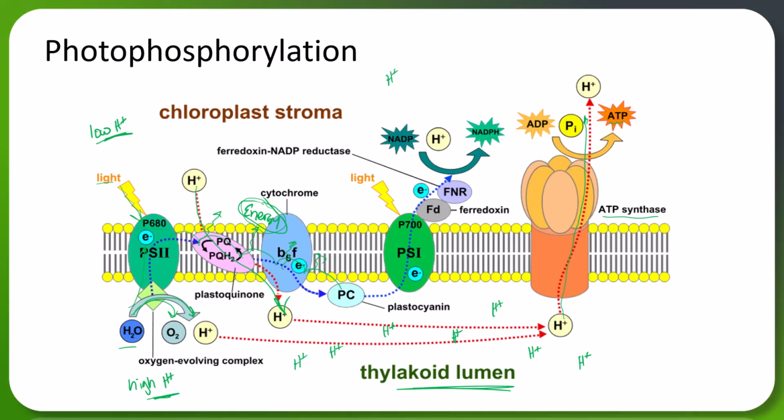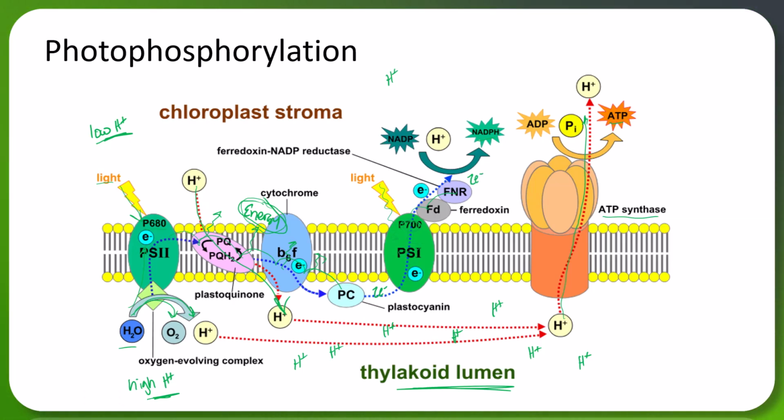When it gets to the end of the electron transport chain, the electrons are low energy and have to be re-energized, and so they are moved to reaction center P700, which is the reaction center of photosystem I. Light is absorbed by the pigments of photosystem I, which are shuttled around and focused on that reaction center. That reaction center, P700, will re-energize these electrons before sending them to a secondary smaller electron transport chain.